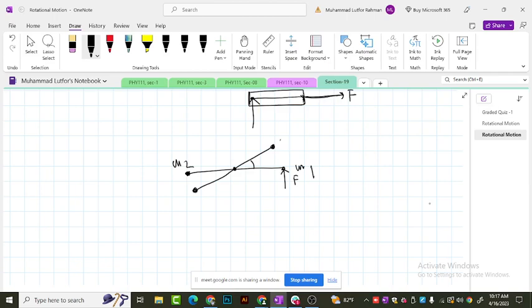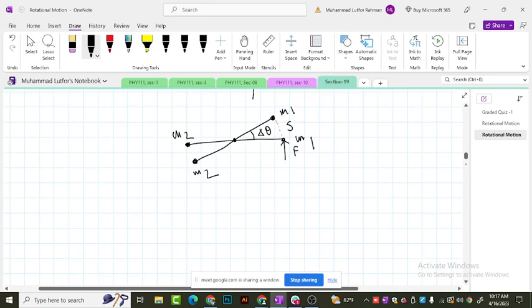This is the new position of M1 and this is the new position of M2. It creates some angular displacement, del theta, as well as a linear displacement, which is S. I want to make a relation between torque and angular acceleration, so that's why I write this down. Try to understand what I'm doing over here.